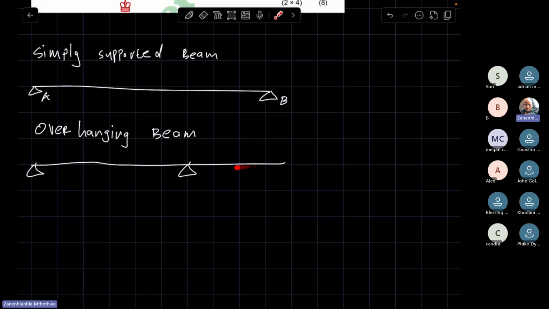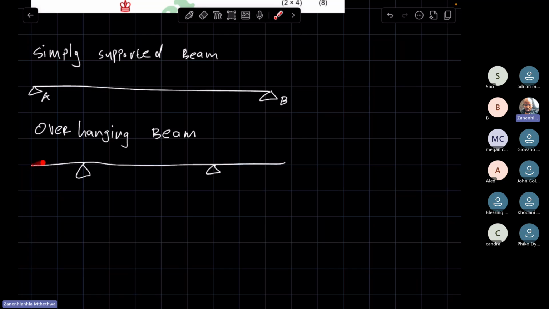So this one has different variations. You could also have one reaction at that point and another one there. So this beam is overhanging here and overhanging there. As long as part of the beam is overhanging, then that beam is an overhanging beam.